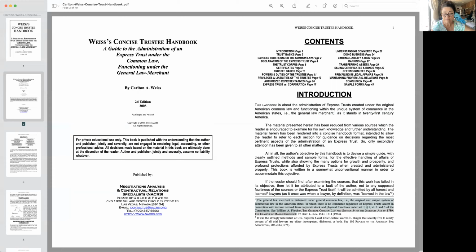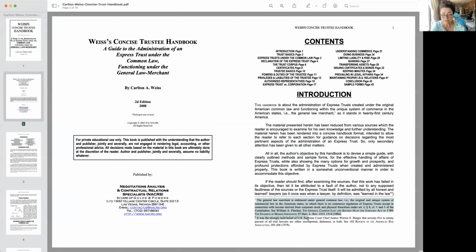C. William A. Fletcher, The General Common Law, and Section 34 of the Judiciary Act of 1789. The example of marine insurance, 97 Harv. L. Rev. 1513, 1514, 1984.